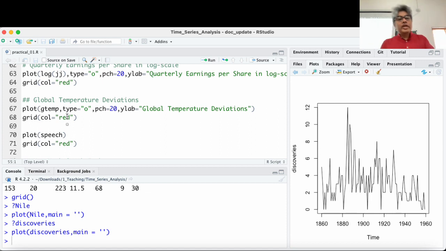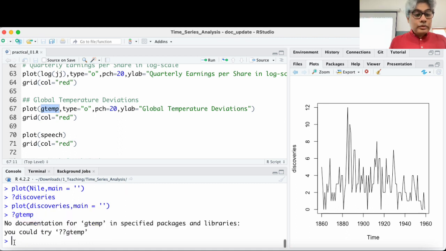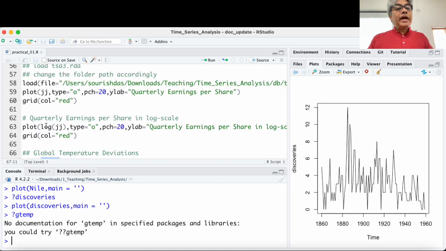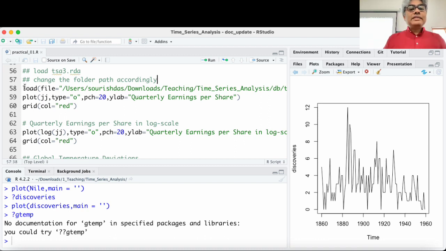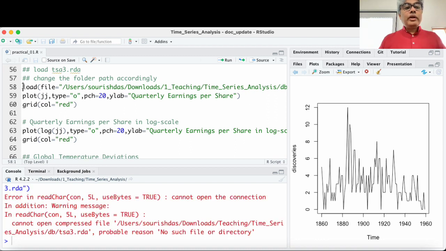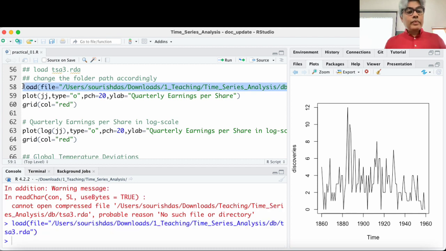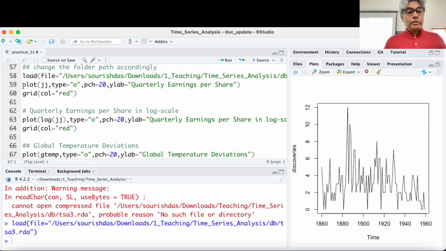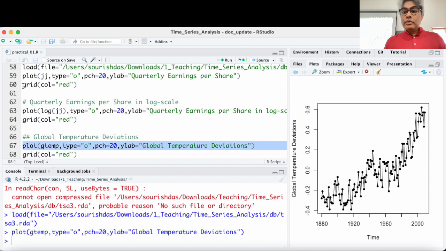Global temperature deviations. GTemp, I think, is a part of this particular data set. So GTemp is a global temperature deviations data set.